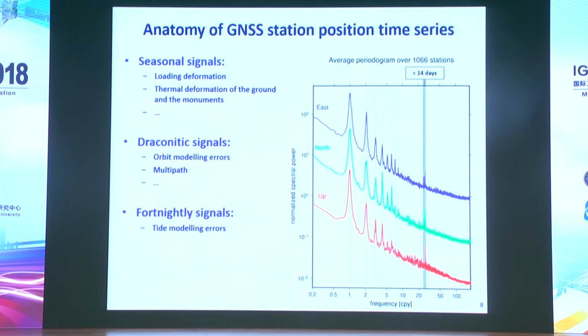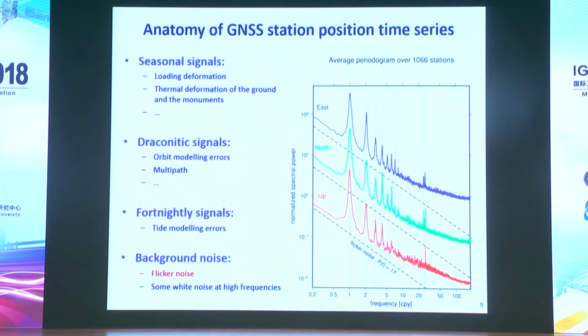Then the third family of spectral peaks are at this triplet at periods around 14 days, which are due to some tide modeling errors, and which we hope to see reduced in the next IGS reprocessing thanks to improved sub-daily EOP tide models.